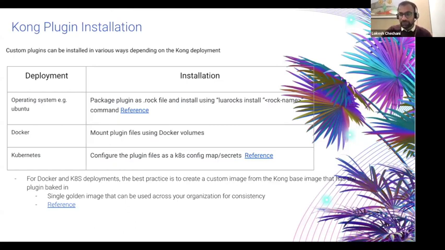You don't need to install LuaRocks separately, but it should be present on the host system where Kong is installed. All you need to do is take the rock file. A rock is, I won't say a binary, but a packaged file, an artifact, which is what the plugin contains, and you just install it via LuaRocks. Just like in the world of Java, it's sort of like a jar file, if you think from that perspective.